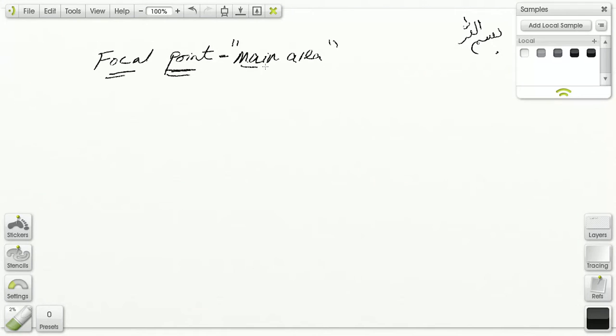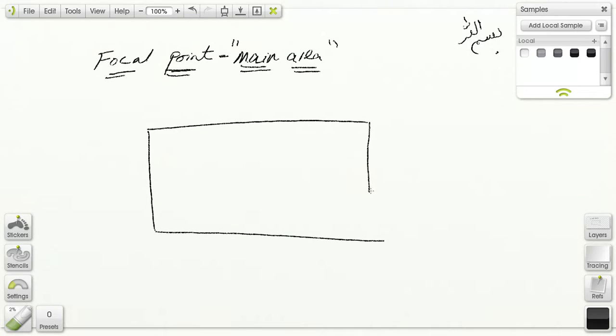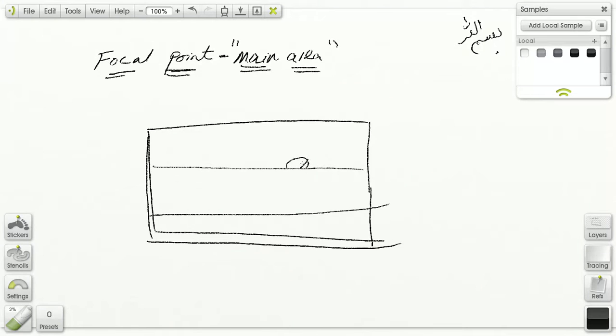So how do you convey to the viewer that something is the main object? For example, if you want the sunset in the distance to be the focal point, then you have to give the hint to the viewer that that's what the focus is.